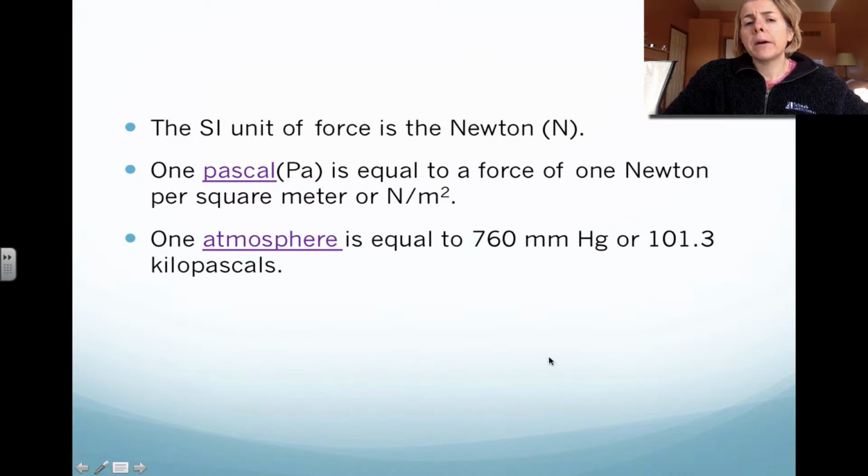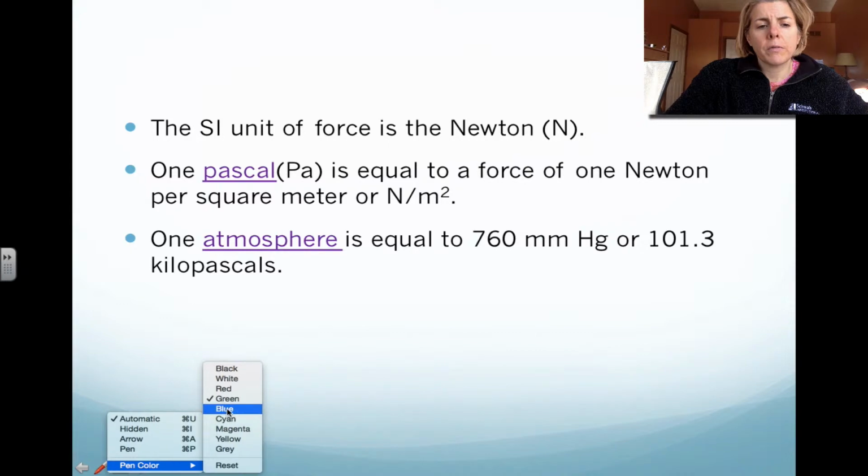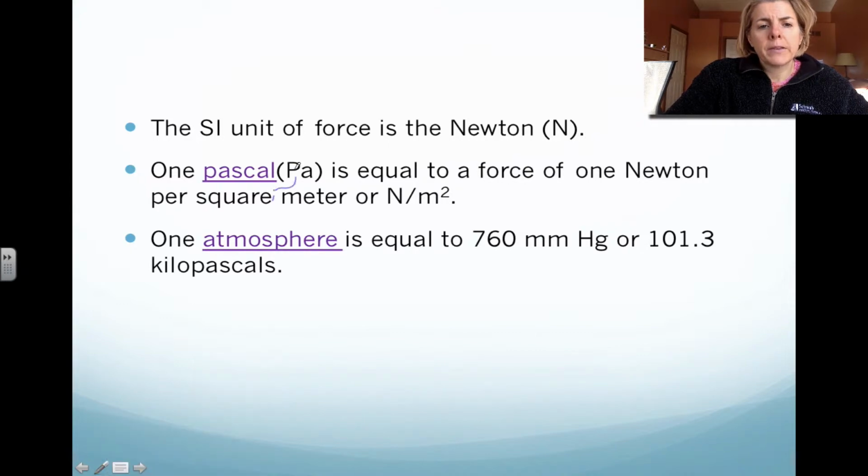When we talk about pressure, we're going to be using the units of Pascal. Pascal is the metric equivalent of pressure, and notice that it's newtons over meters squared. Another unit of pressure that we tend to use in chemistry is called atmosphere.